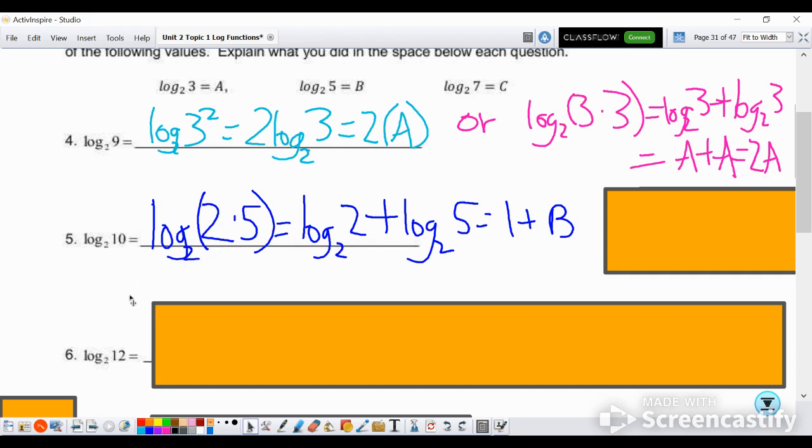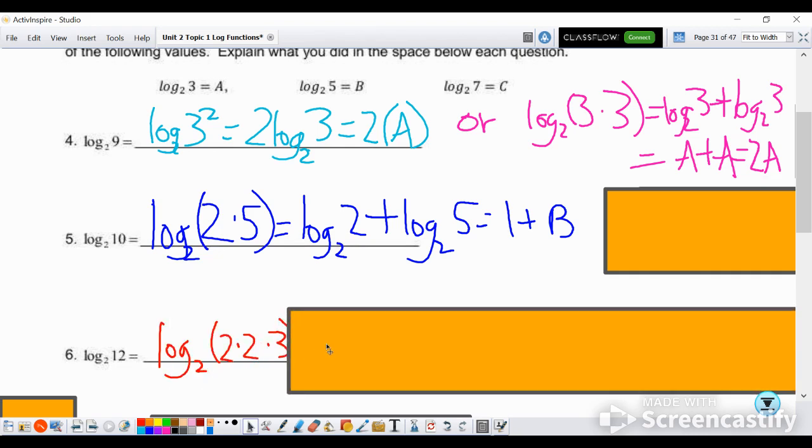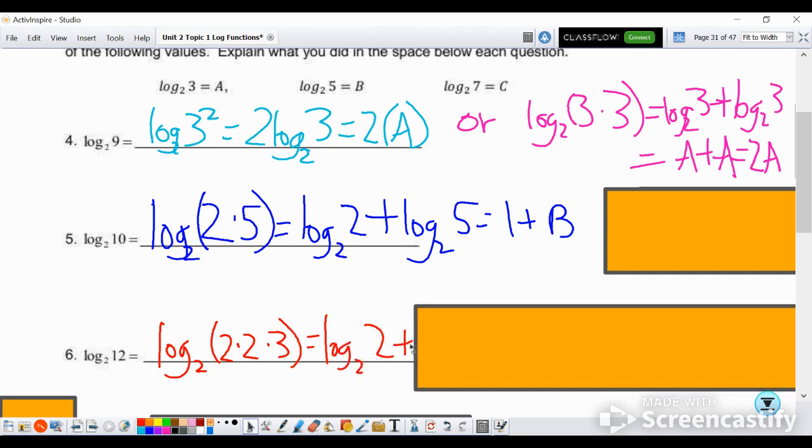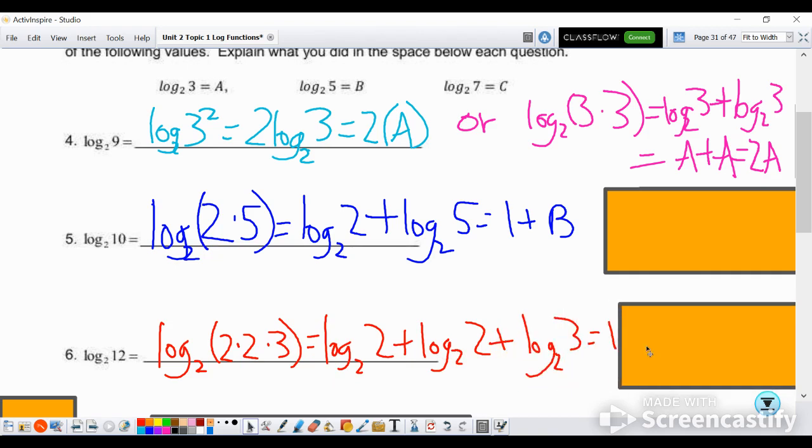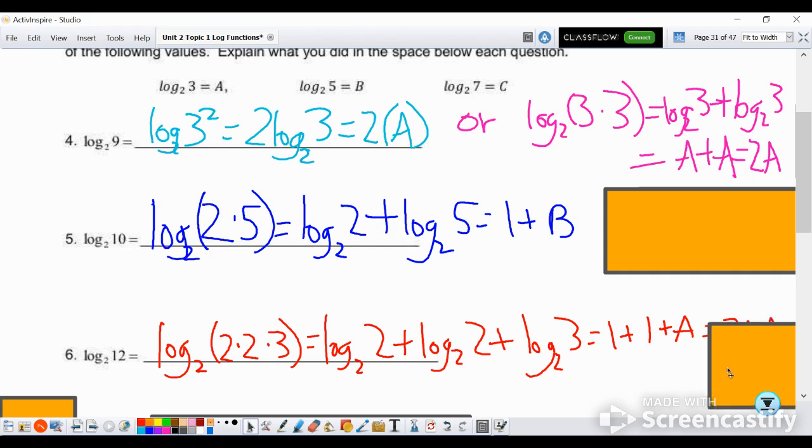Log base 2 of 12 can be rewritten as log base 2 of 2 squared times 3, or log base 2 of 2 times 2 times 3. Changing our product to an addition rule, log base 2 of 2 plus log base 2 of 2 plus log base 2 of 3 is 1 plus 1 plus A, or 2 plus A is the final answer.